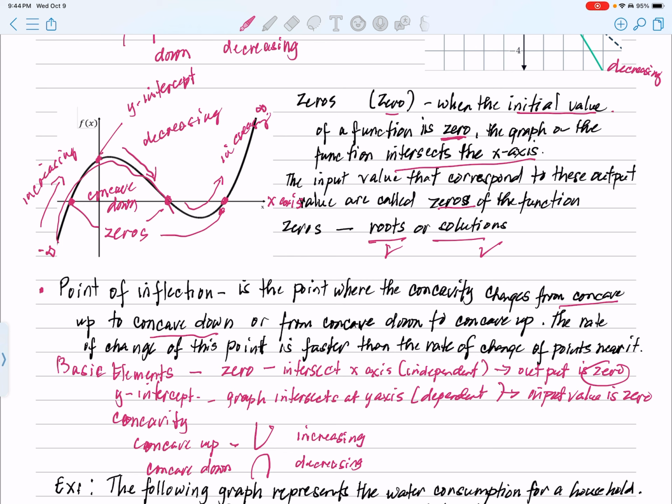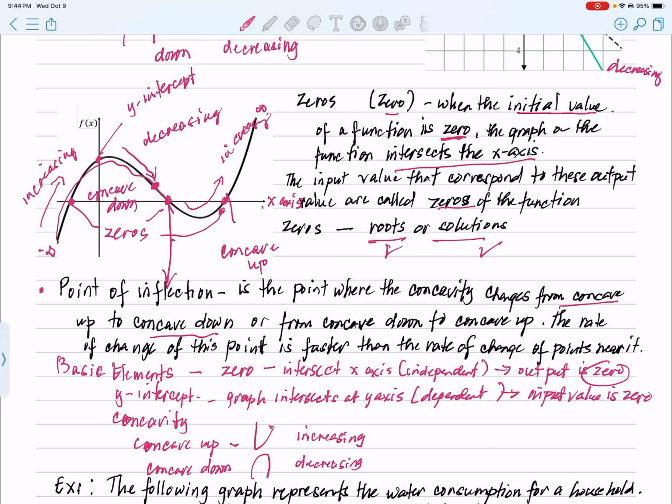Decreasing. And this right here is concave up, facing up. Now, the point right here where it starts to change from concave down to concave up is what we call the point of inflection.